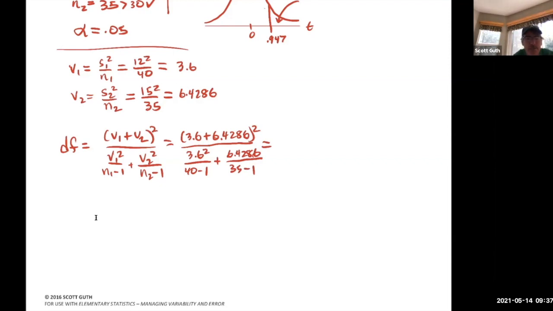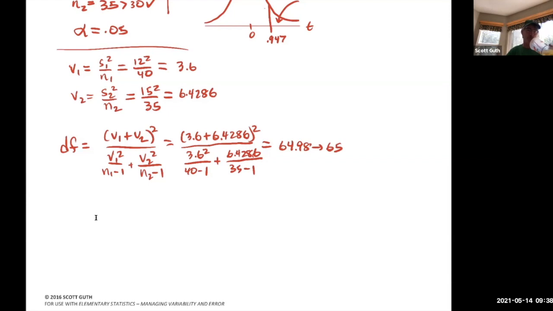Did anybody get this? I'll tell you what I got, and let's see if anybody disagrees. I got 64.98-ish, which of course we're going to make 65. I hope that's right.